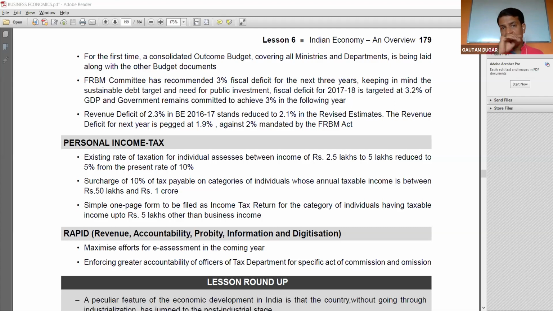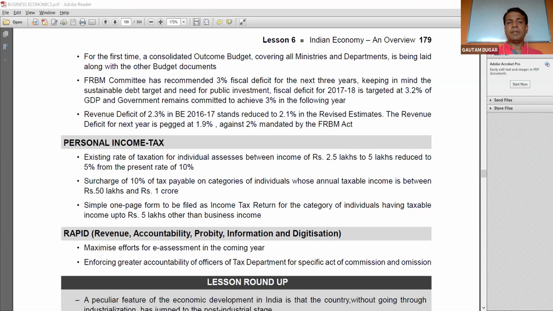If the transport and communication system is improving, if more colleges and schools are coming up, if there is improvement in medical facilities, in the quality of life and the standard of living of the people, then we say there's economic development. So obviously economic development is a broader term than economic growth.